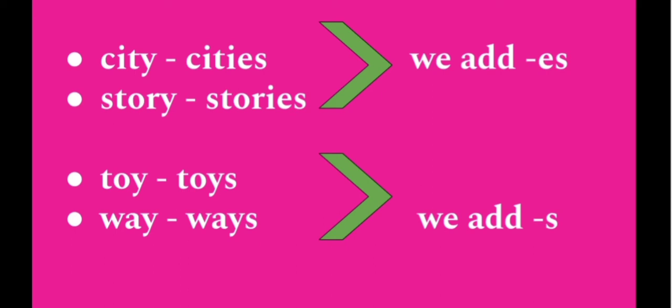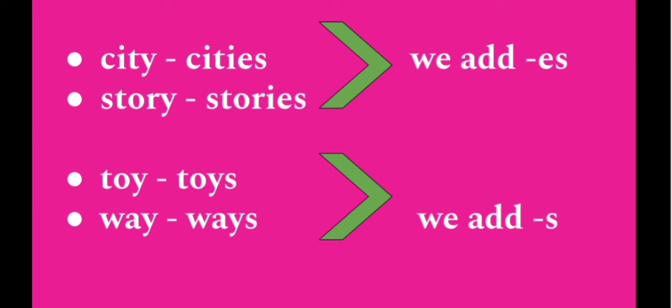Now look at the next one, story. In this word also the ending letter is y, so the plural of story is stories, S-T-O-R-I-E-S. Y changes to I, then we add es. Stories.